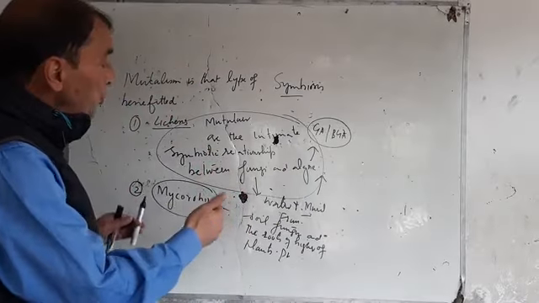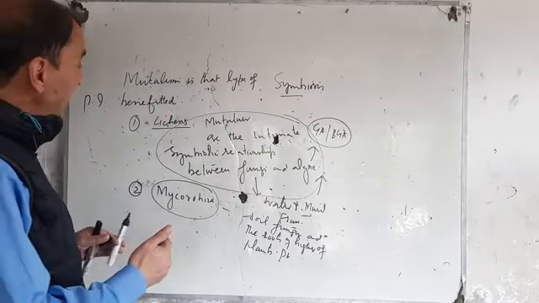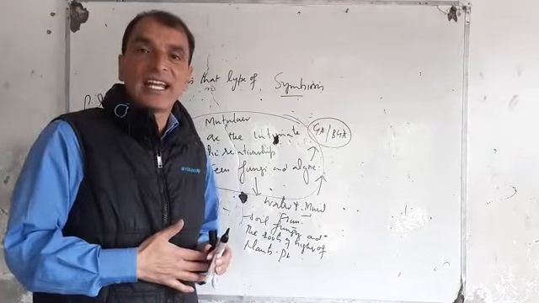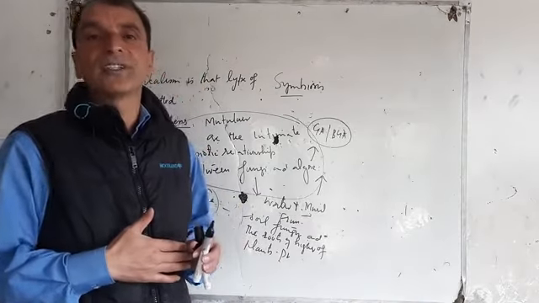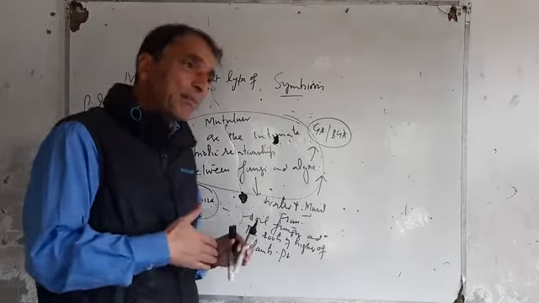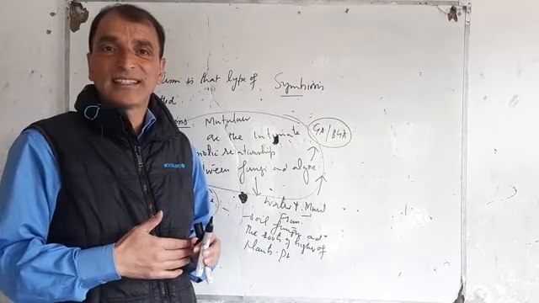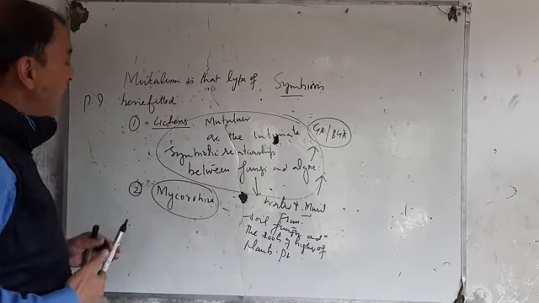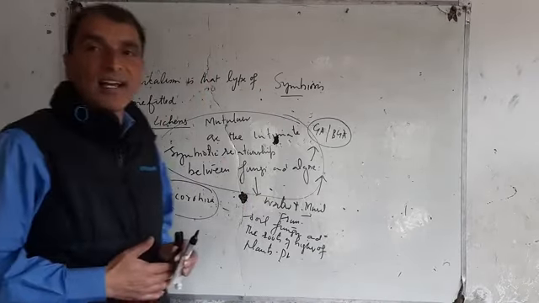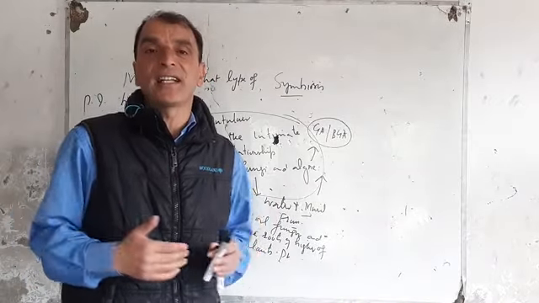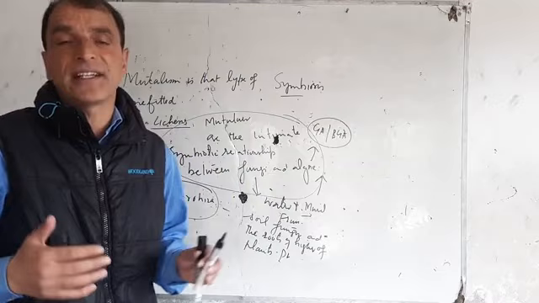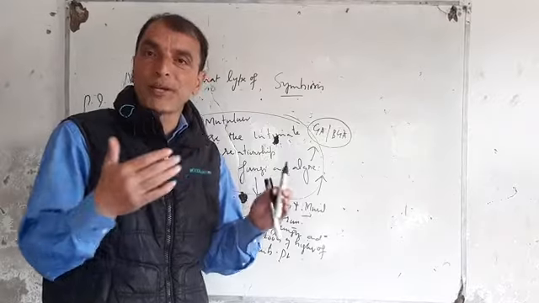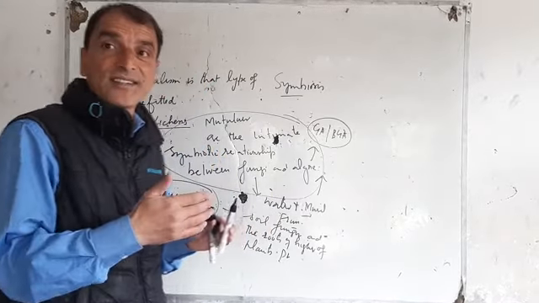Hence, these are the 2 examples where the association between the organisms is beneficial to both, and it is very permanent. The associating organisms in these 2 examples, lichens and mycorrhizae, cannot live independently under natural conditions when separated. Alga and fungus in lichens cannot live separately under natural conditions.